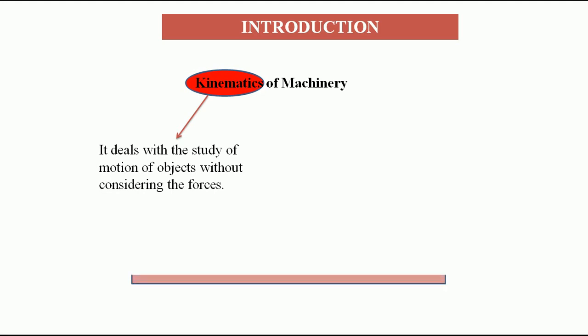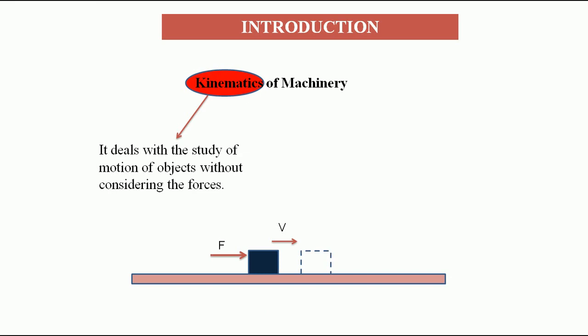So how do we briefly understand this? Assume on a base I am taking one object to which I'm applying a particular force. When you apply the force and it exceeds the friction between the object and the base, automatically the object starts moving with a particular velocity. When it moves, it changes its position, and a particular velocity v has been attained.